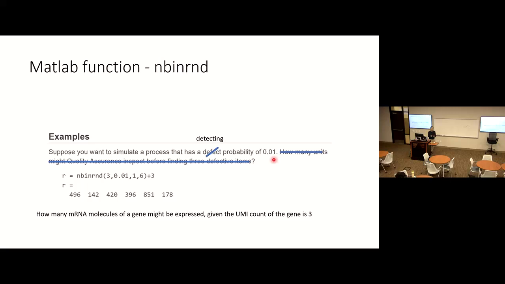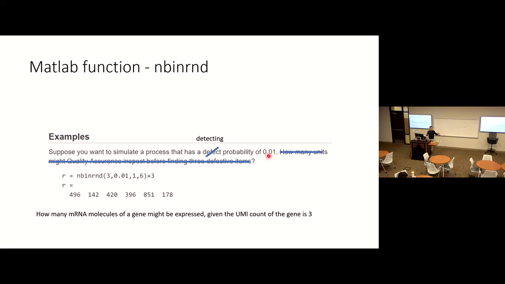So a very low rate. Then we will see how many mRNAs that gene has to have, how many tries it allows me, in order to get the UMI count to be 3. So you need a larger abundance of mRNAs because my detection rate is very low, only 0.01.